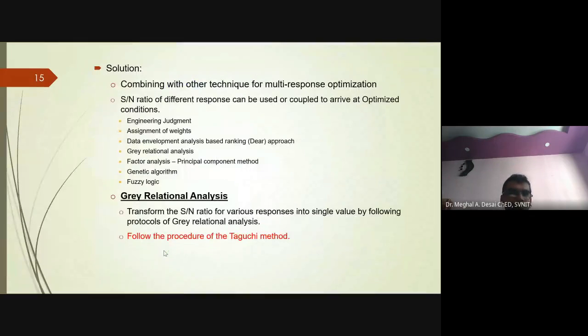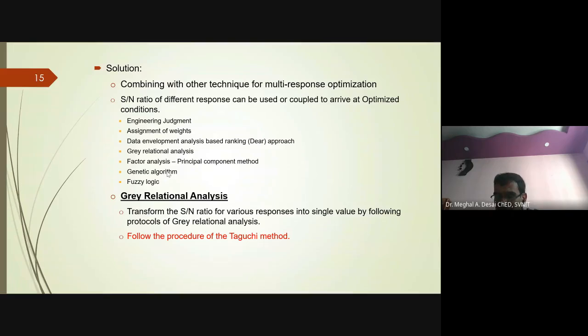So what is the solution? The Taguchi method is applicable for a single response, but if you combine this Taguchi method with another technique, then you can have some reasonable outcome. The methods listed over here are engineering judgment, assignment of weights, DEAR approach, Grey relational method, factorial analysis, genetic algorithm, and fuzzy logic. Our focus will be on Grey relational analysis.